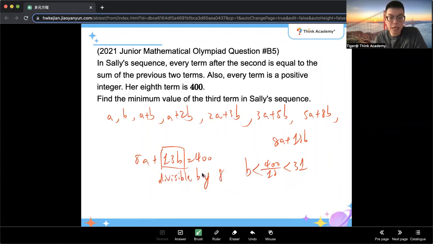So it means that b can take the values 8, 16, or 24. Right? It can't take 0 because every term is positive.